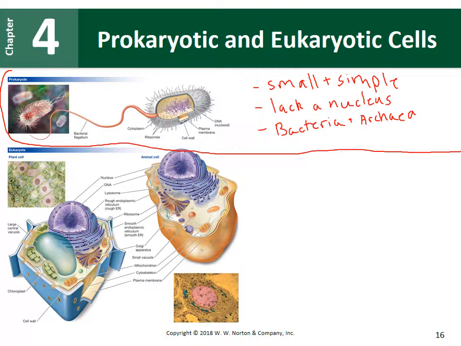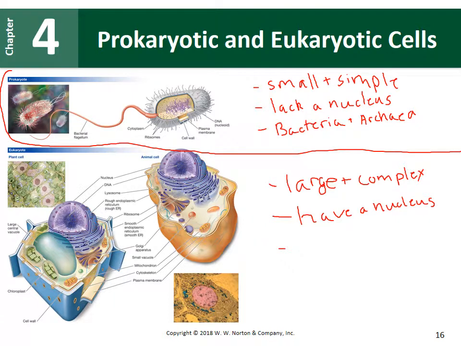And now we can compare those characteristics to our other type of cell, which is the eukaryotic cell. Eukaryotic cells are larger and more complex. They have a structure called a nucleus, and this is where that DNA is found.